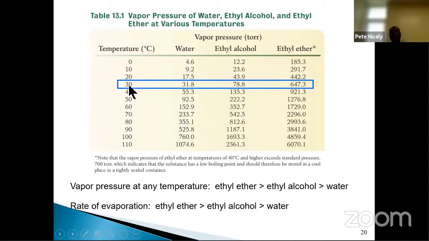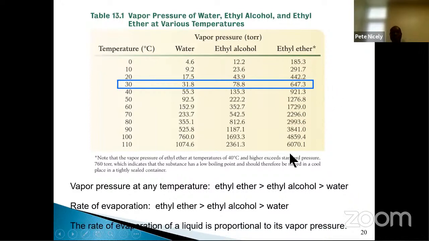So if you choose 30 degrees, you'll see that water has the lowest vapor pressure at that temperature, followed by ethyl alcohol, followed by ethyl ether. And there are reasons for this, which I won't go into right now. I think we'll get into some of it in a later chapter. Okay, so that's showing you how the vapor pressure varies with temperature for different substances. So as stated here, the rate of evaporation of a liquid is proportional to the vapor pressure of that liquid.